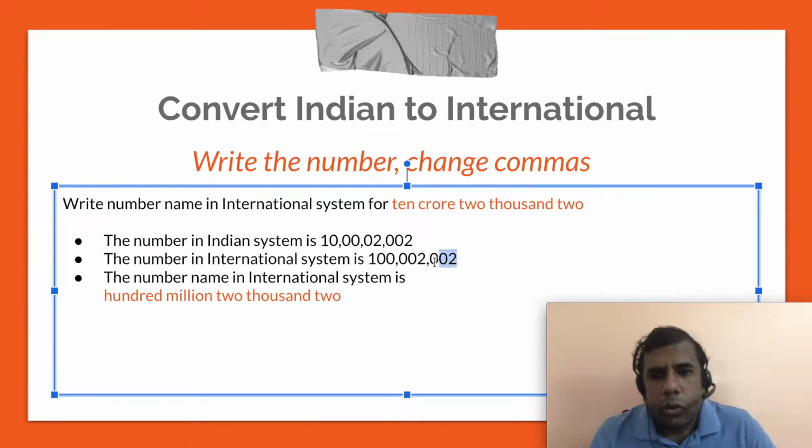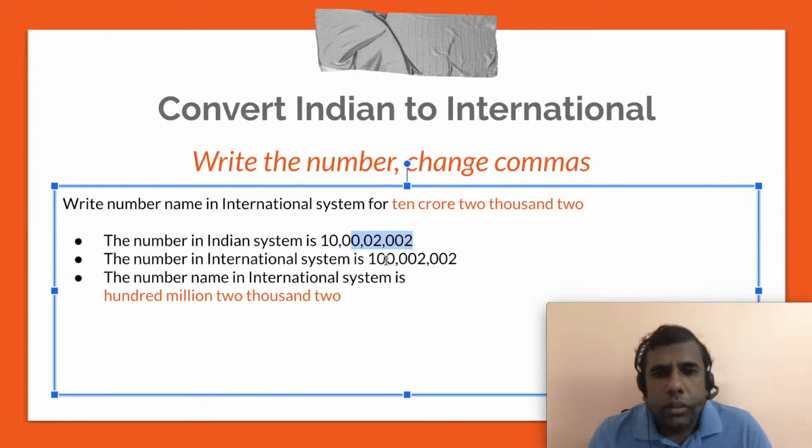So 002 remains the same, right? Then the 02 will become 002, we'll add one more 0, because now we want a period of 3 digits. Because of that, the last period becomes 100, because if you have these 6 digits as the last 6 digits of the international system number, the remaining is 100.